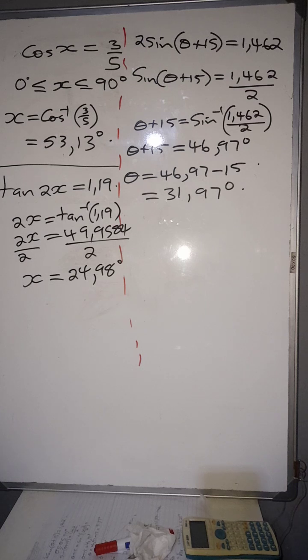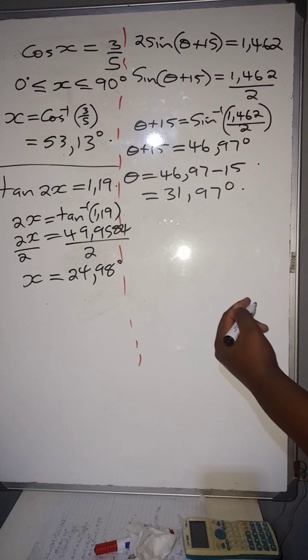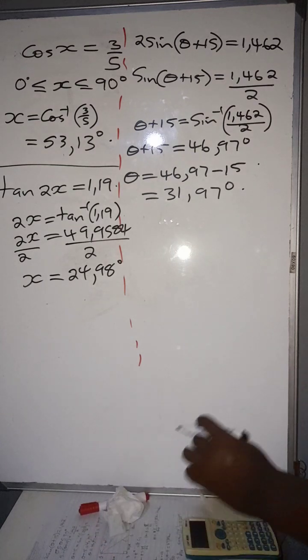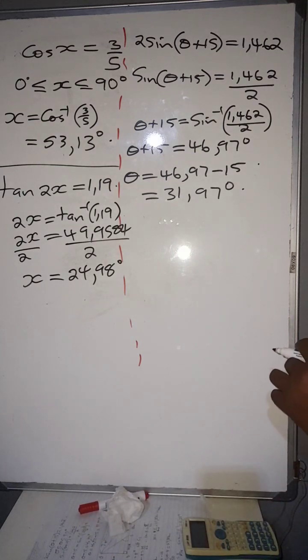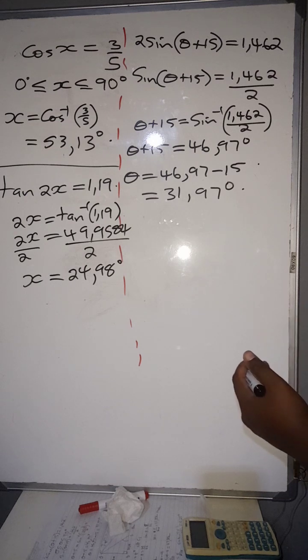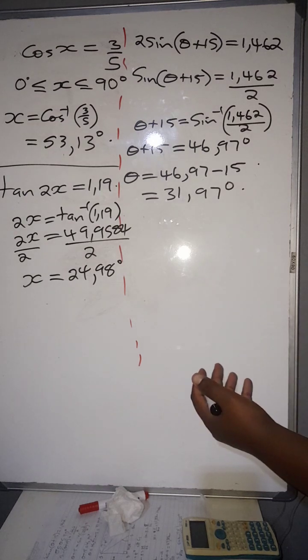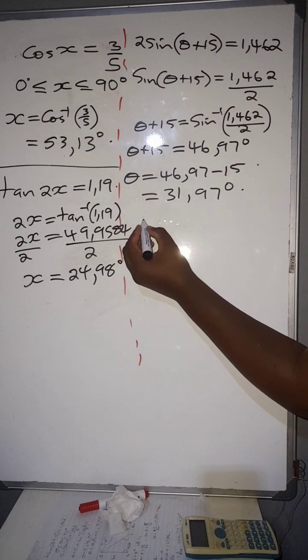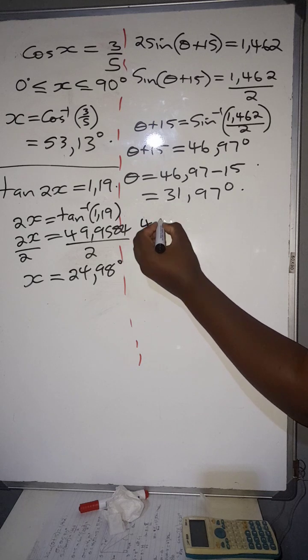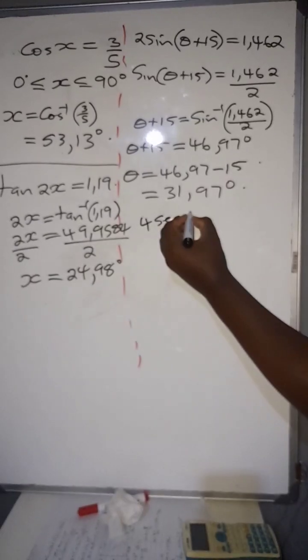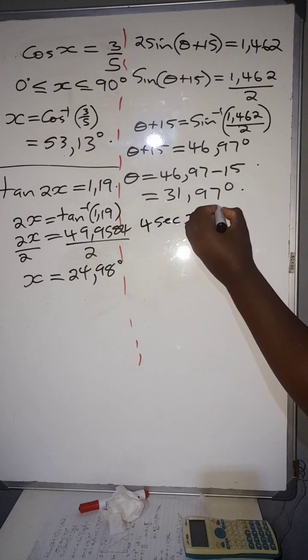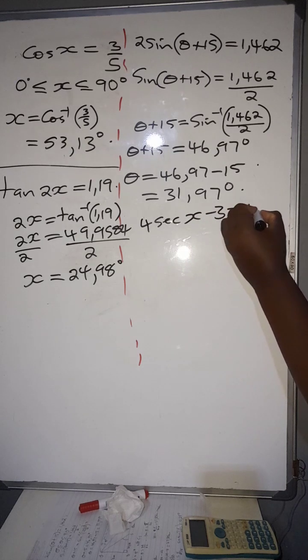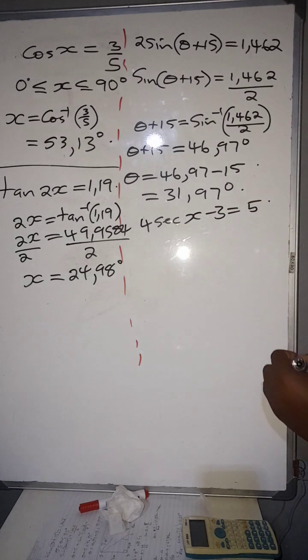And here is the last one. I don't know if it is true we save the best for the last, or we save the easiest for the last, or the most difficult one for the last. But trig equations are not that difficult. This is 4 sec x minus 3 is equal to 5.